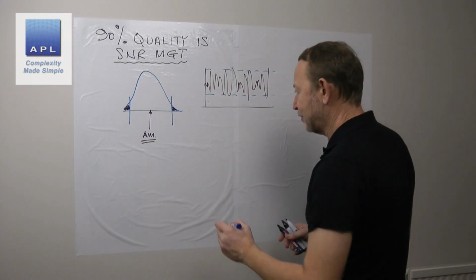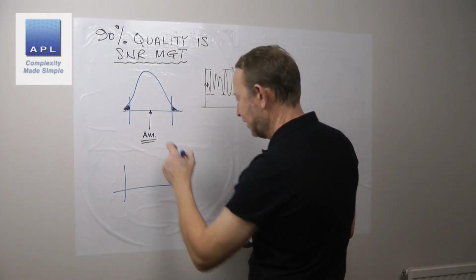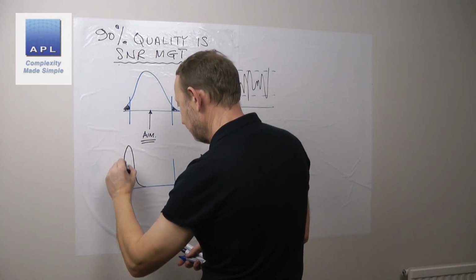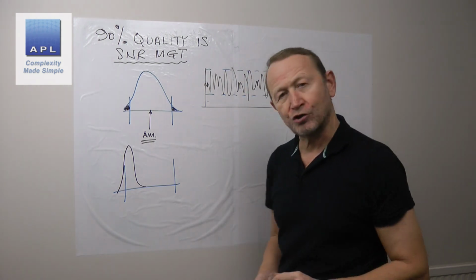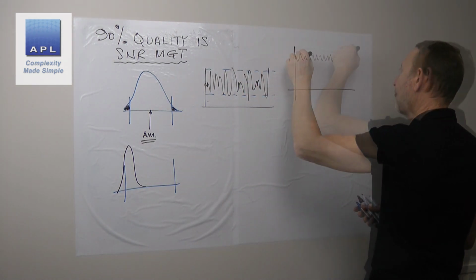But the other type of physics is about the aim. In other words, you've got a really good machine. It looks like this.